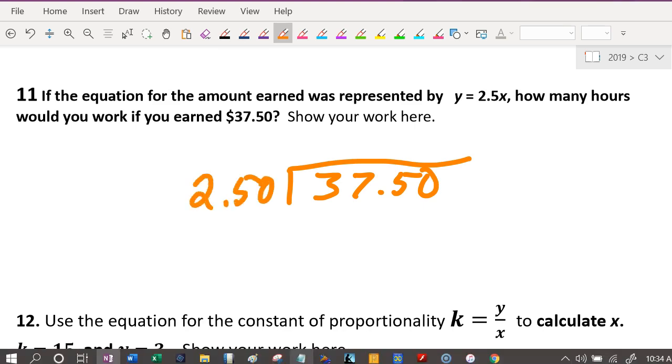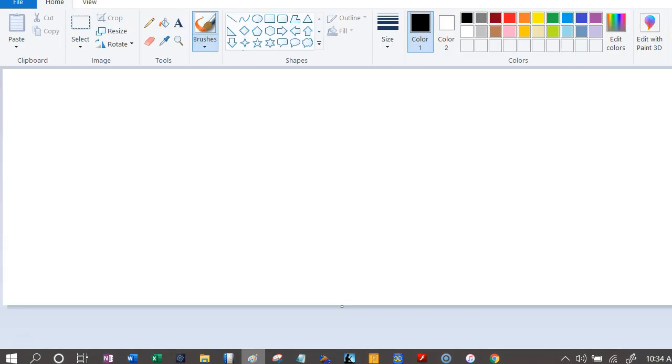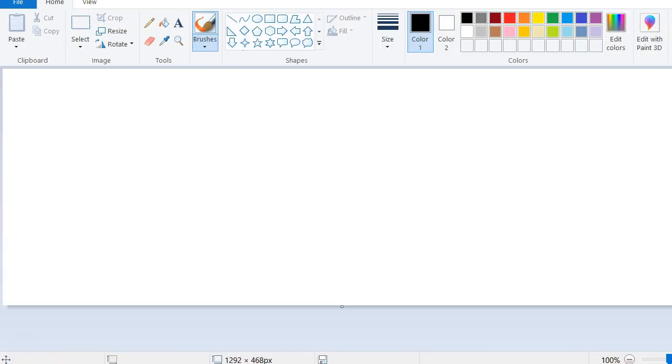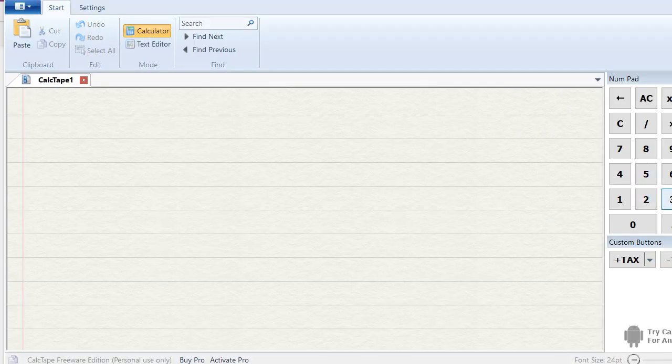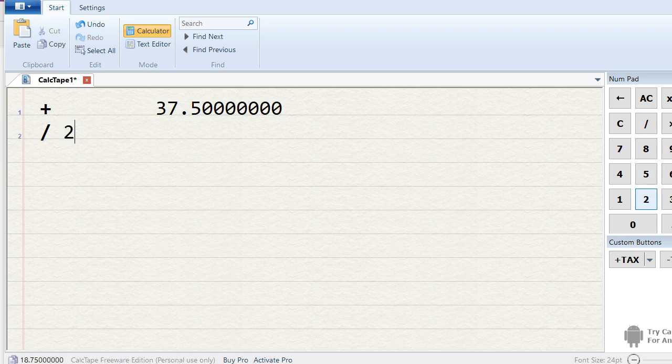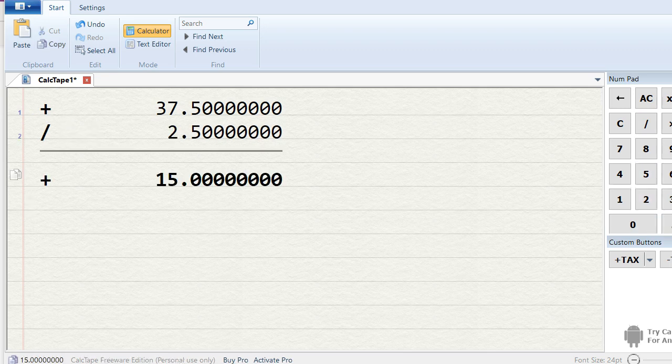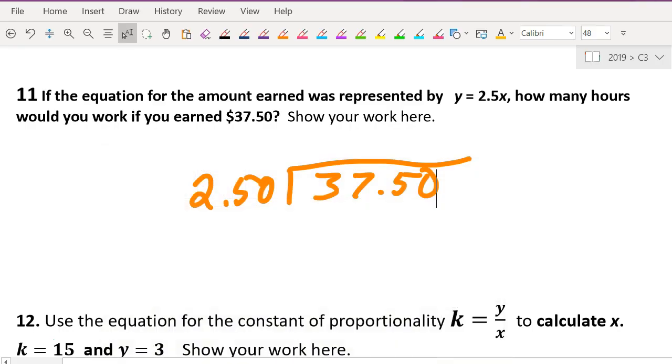I'm going to do it on a calculator because I don't feel like doing it anywhere else. 37.5 divided by 2.5 is 15. I mean 15 hours.